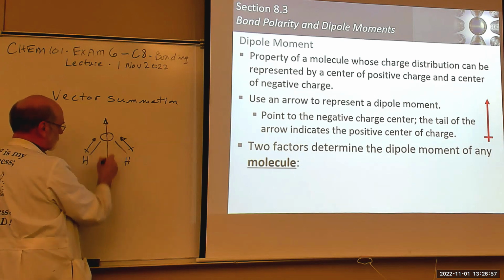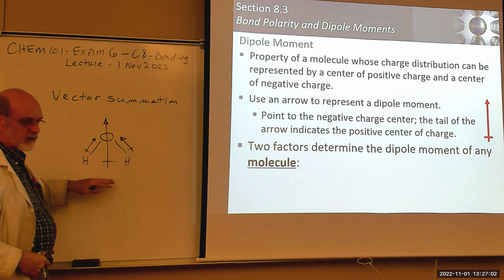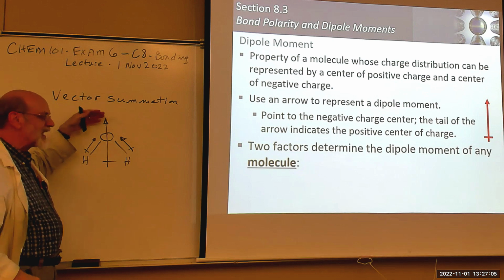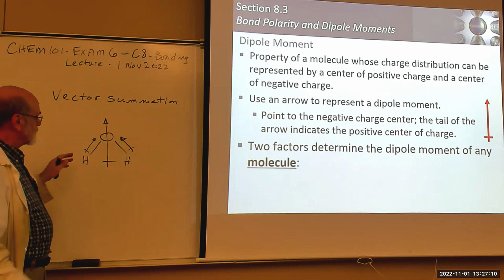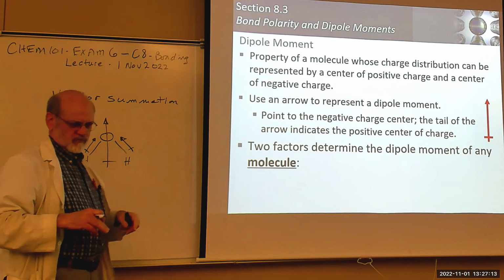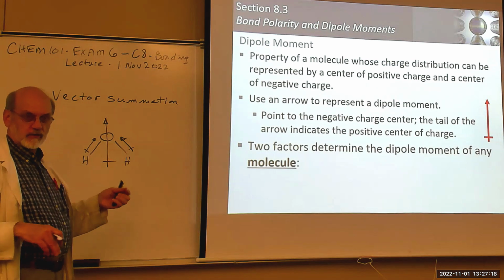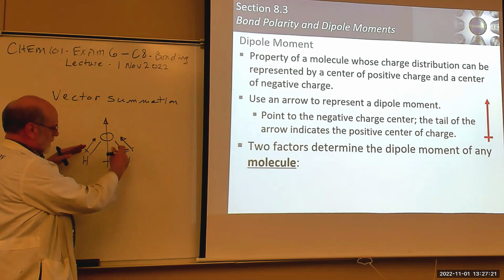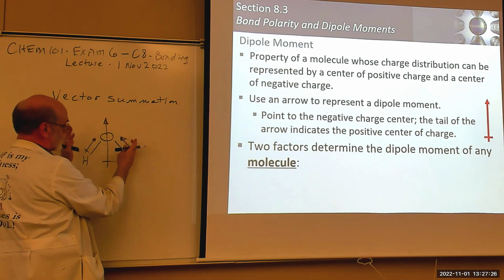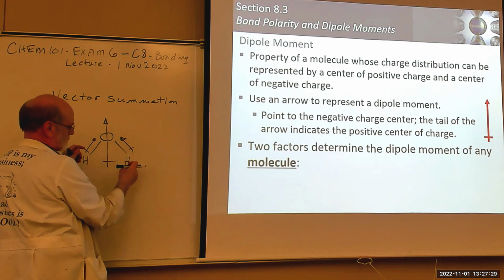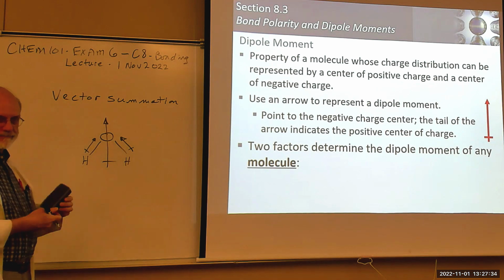And it would go like this. So the whole molecule is negative toward oxygen and positive toward the hydrogens. Everybody knows what summation is, like 2 plus 2 is 4, at least it was when I went to school. But vector summation takes the component of each bond going in a given direction, because some of it will go that way and some of it will go this way. Then you can add them together. That's vector summation.